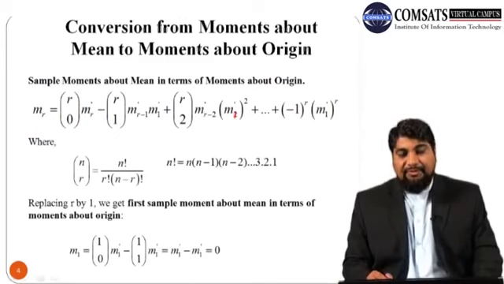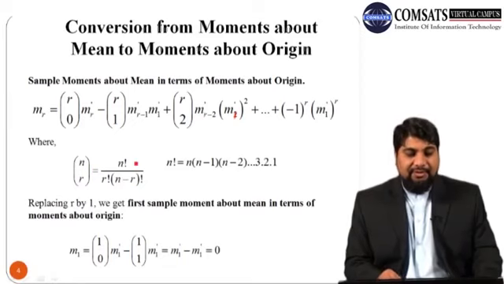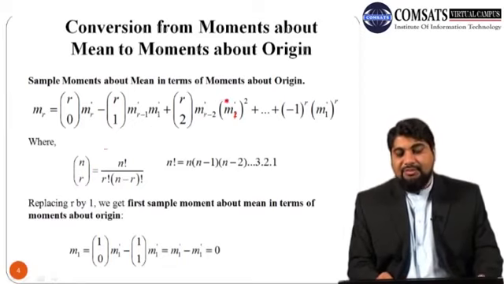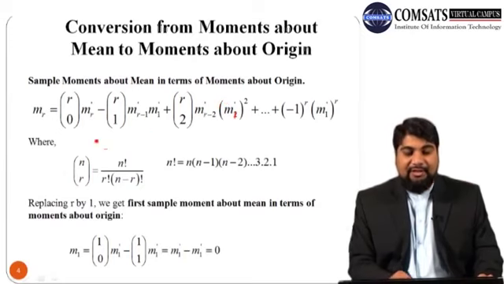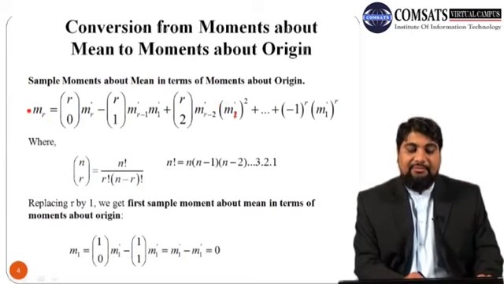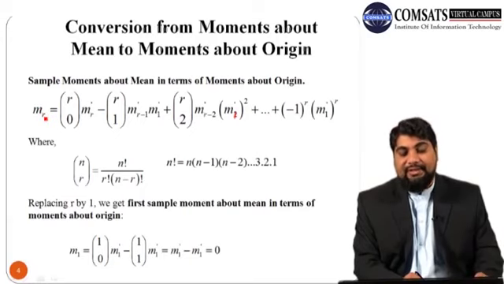Let's start. So conversion from moments about mean to moments about origin. So sample moments about mean in terms of moments about origin can be given by this formula. So it is mr, which is the rth central moment.